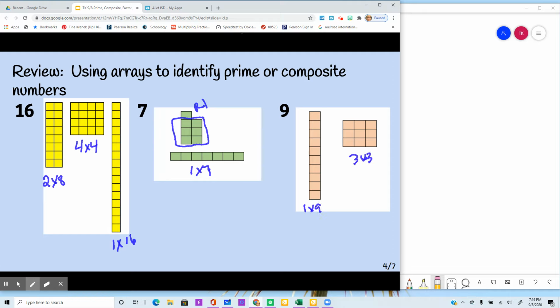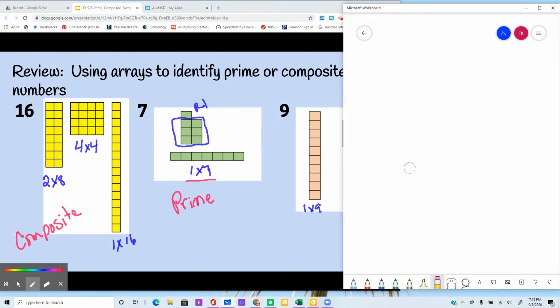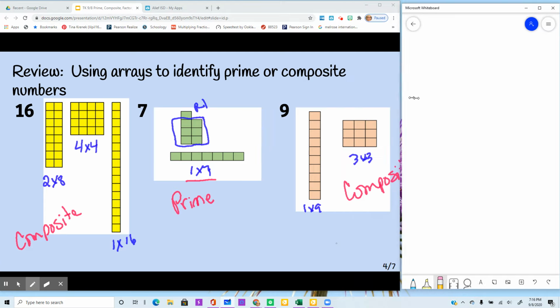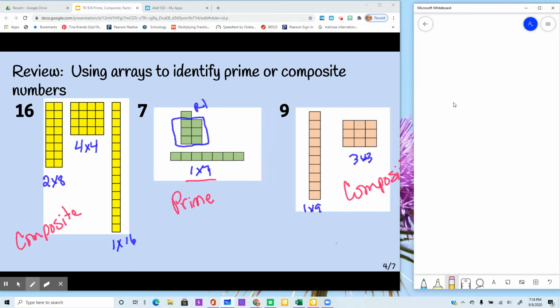So that means that our numbers are composite for 16, prime for number 7, because the only way to make 7 is 1 times 7, and then composite for 9, because the way to make 9 is 1 times 9 and 3 times 3.